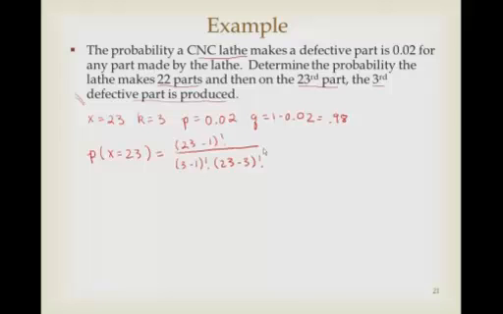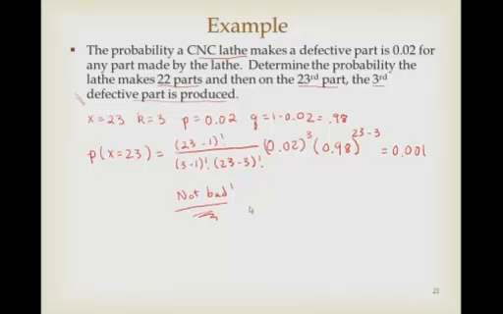And take that, multiply it all out, 0.02 to the 3rd, and then 0.98 to the 23 minus 3, and that's 0.001. Not bad. Okay, got that.